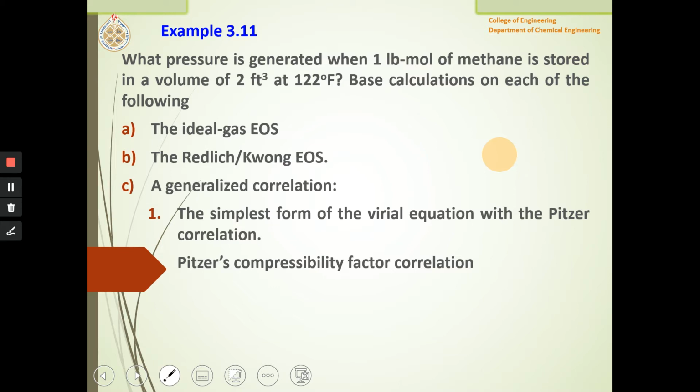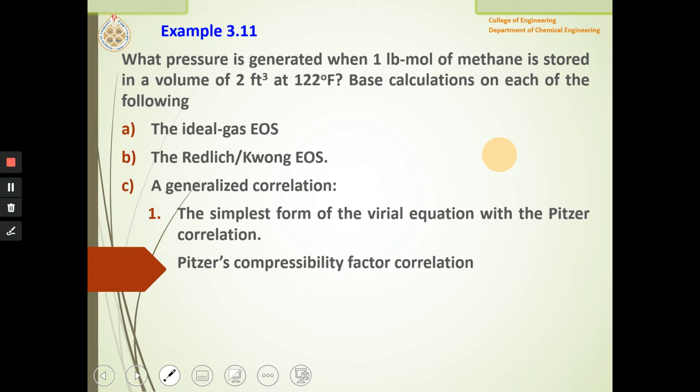Then we explained the cubic equation of state, which is used for liquid as well as for vapor, so you can find the volume of liquid or the volume of vapor.